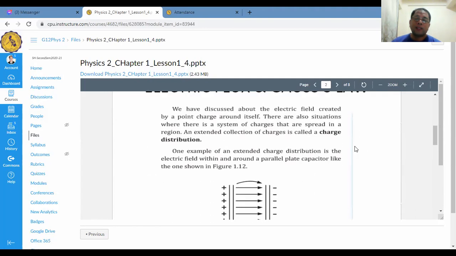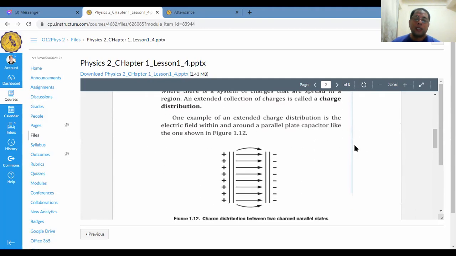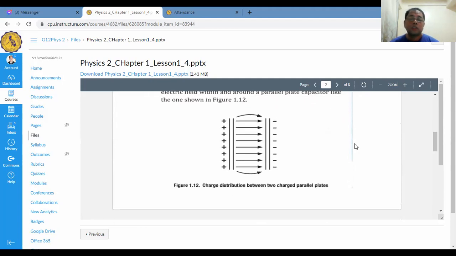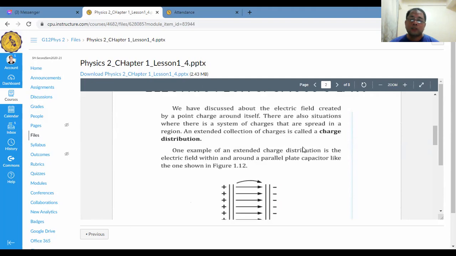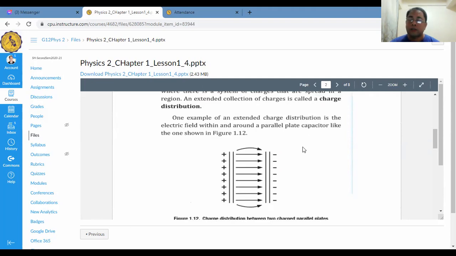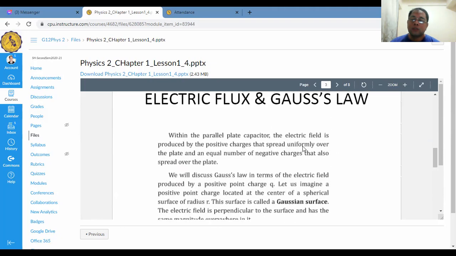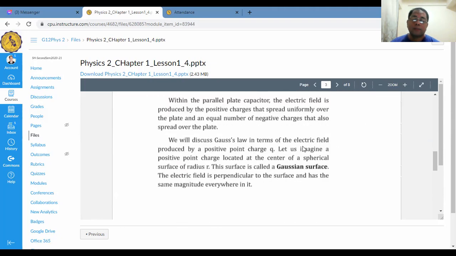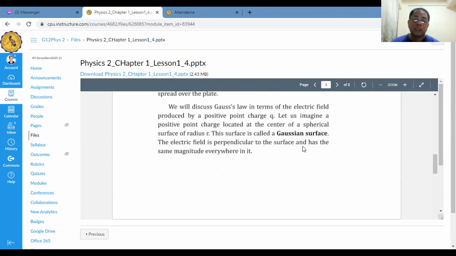So this is a bit mathematical because again we are dealing with charges and some plate capacitors. Now we are talking about plate capacitors because we will discuss in the next chapter the lesson on how significant capacitors are in our discussion.